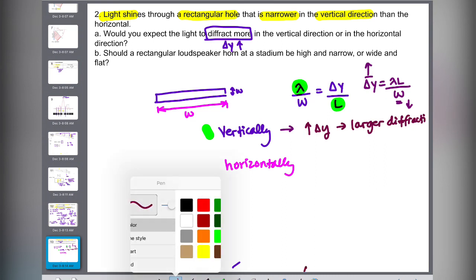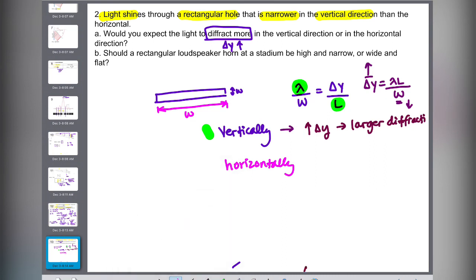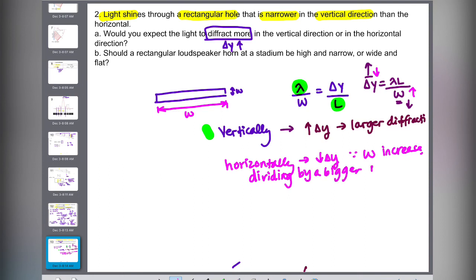Vice versa, horizontally, if I'm dividing by a big number, then my delta y, meaning diffraction, will go down, since my w would increase. I am dividing by a bigger number, so my delta y would decrease.